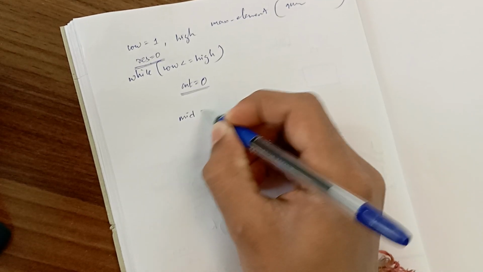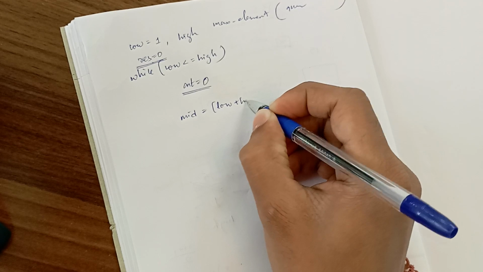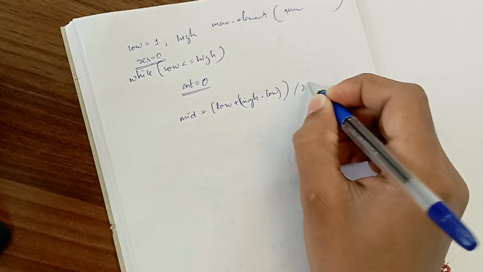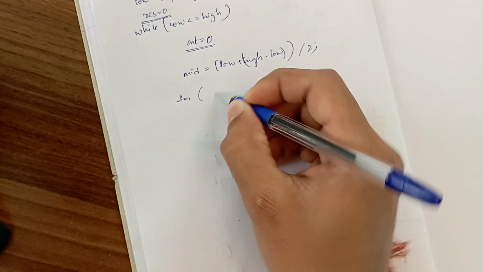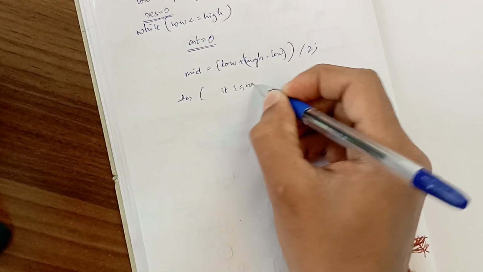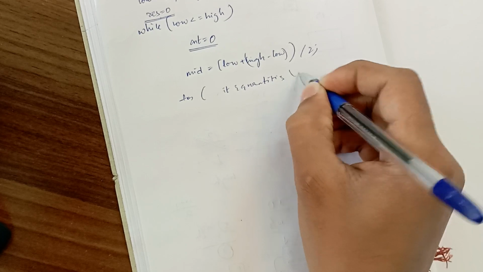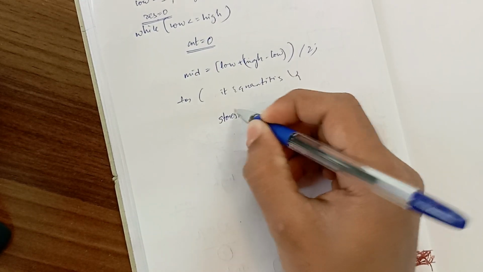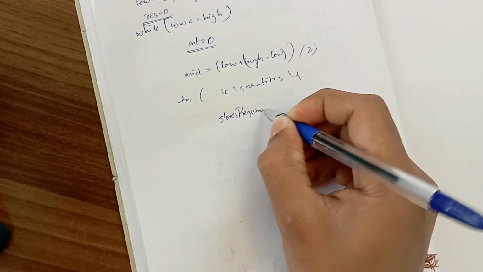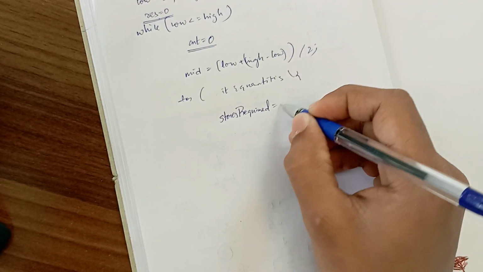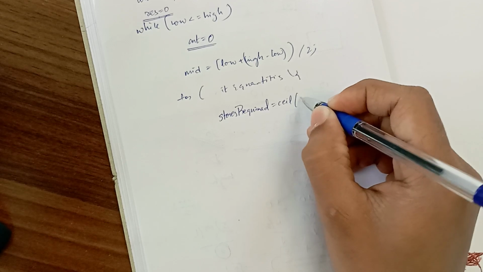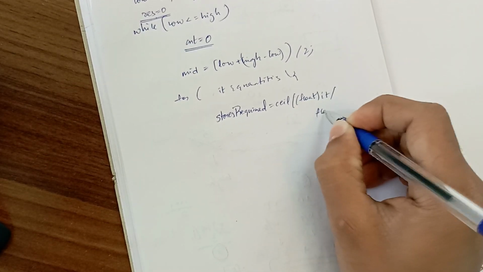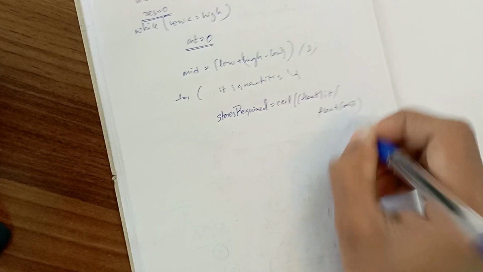And then mid is equal to low plus high minus low by 2. Iterate the quantities, and then the number of stores we require is ceil of float of it by float mid.